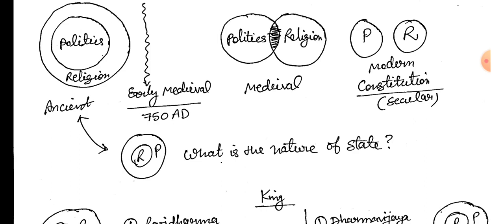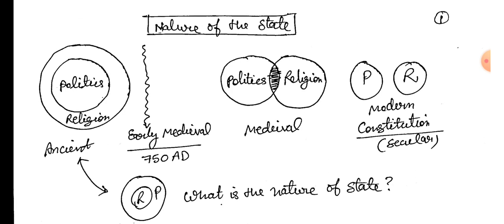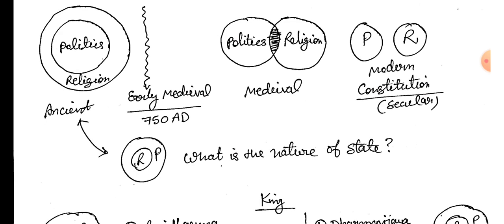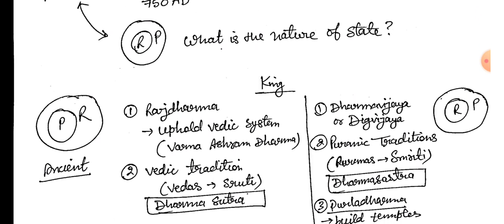The western form of secularism is the concept that politics is completely separated from religion, but in the Indian form, the state promotes any religious system.